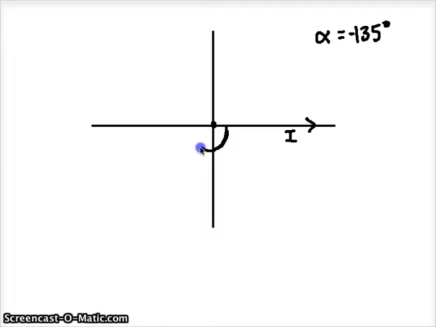So if we measure a 45 degree angle right there, or if you flip your protractor over and measure just a 135 degree obtuse angle right there, and we know our directional arrow is going clockwise because it's a negative angle, then we can measure a negative angle which measures negative 135 degrees. So this angle ended up in, or is lying in quadrant 3, and it measured negative 135 degrees.